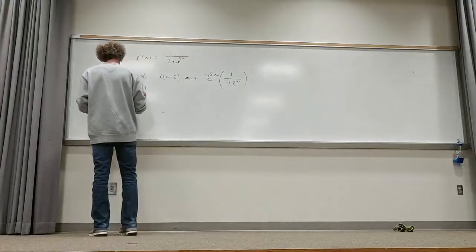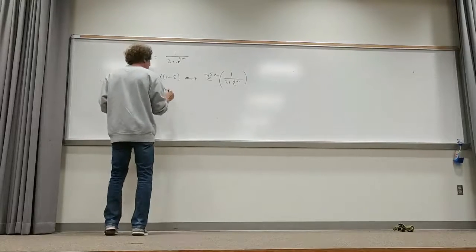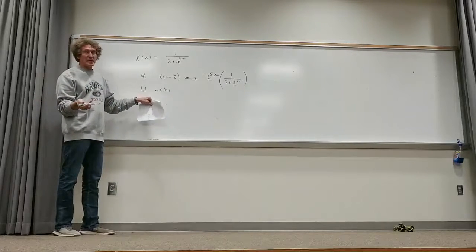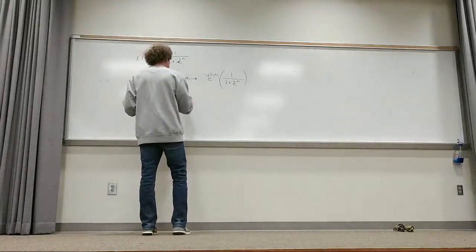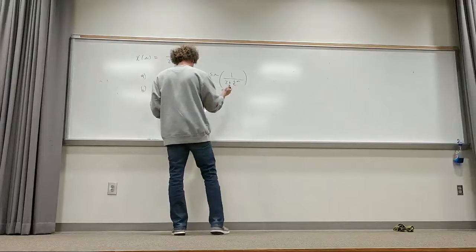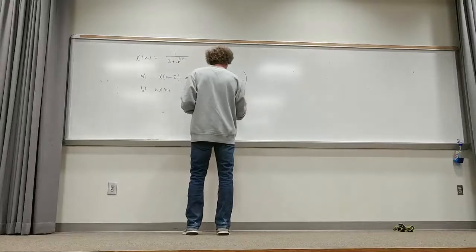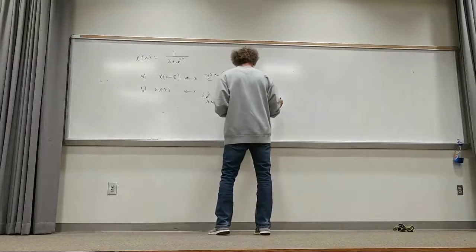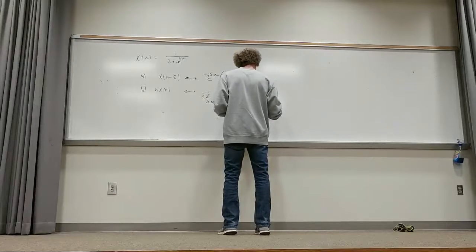Part B, a simple property, was n x of n. Again, you're using the derivative. You're using multiply by n here. It's a derivative with respect to omega and a weight in front of it. Right? So here, you're going to get j times the derivative with respect to omega of 1 over 2 plus e to the j omega. When you do that, you end up getting e to the j omega over 2 plus e to the j omega, squared.